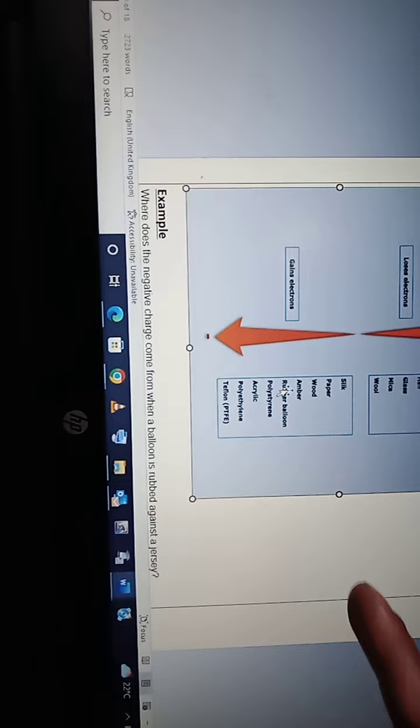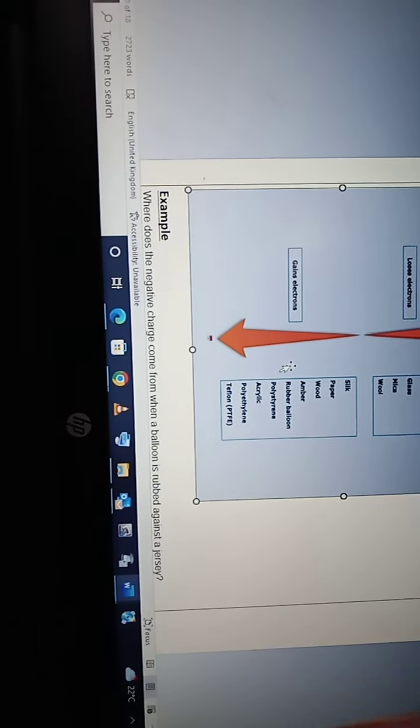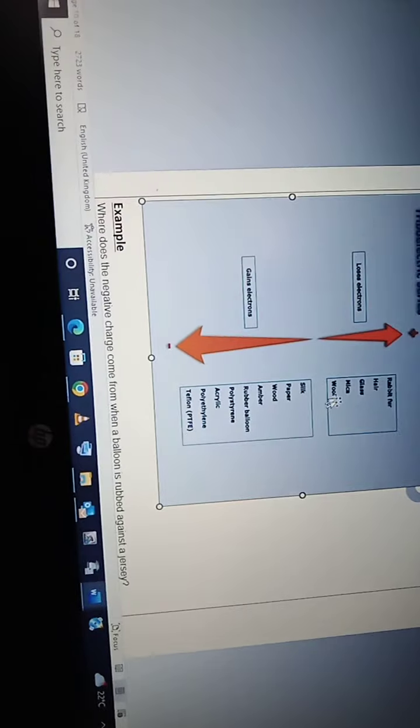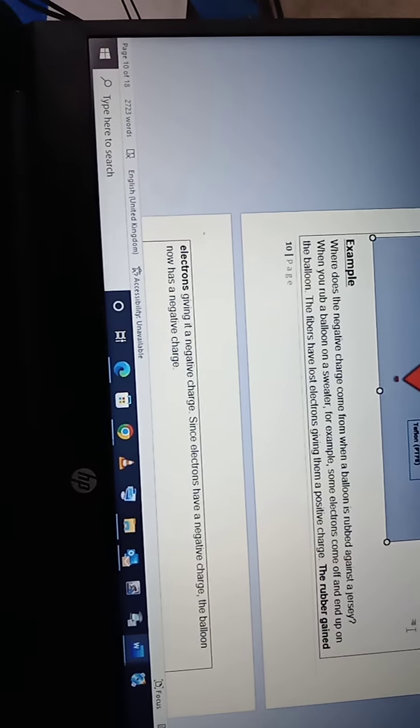So it takes the negatively charged electrons from the wool when you rub them both. So we've answered that question: it takes the negatively charged electrons from the wool.